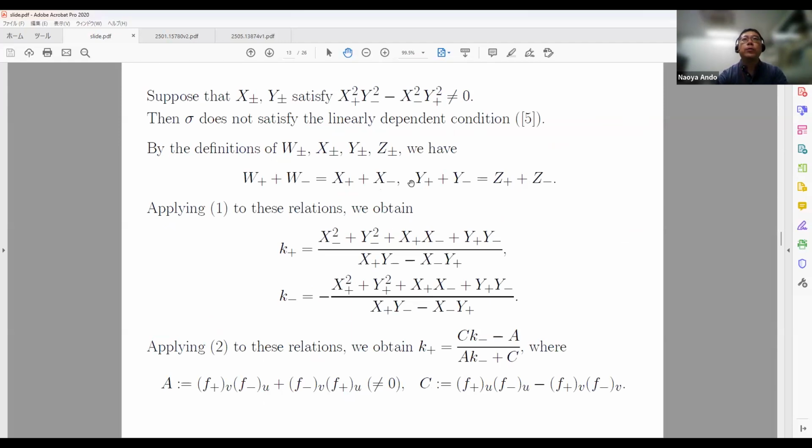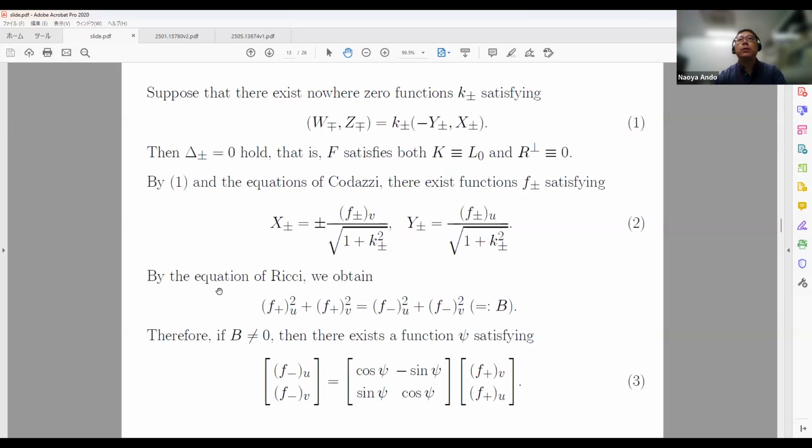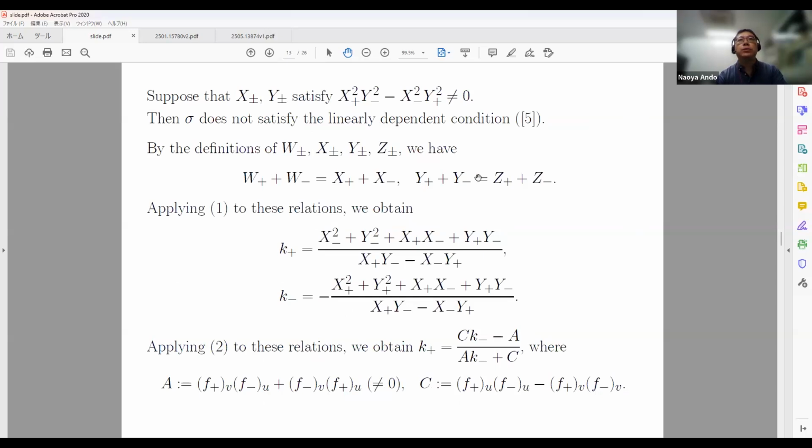So we obtain these relations. Applying these relations to these relations, we see that small k plus and small k minus are expressed by x plus minus and y plus minus. Notice that this denominator is non-zero because of this condition.